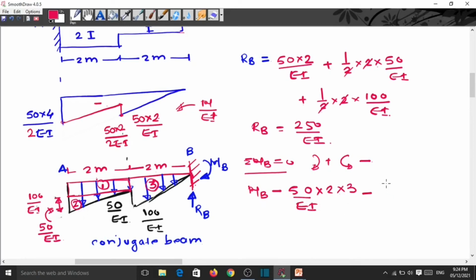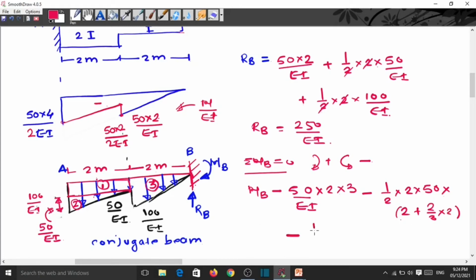So first we write the area, 1/2 base into height, into, from this apex, 2/3 plus 2. So here we multiply 2 plus 2/3 of the 2. Then again the third triangle.